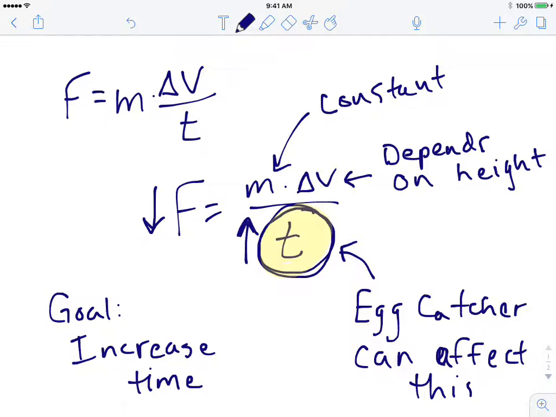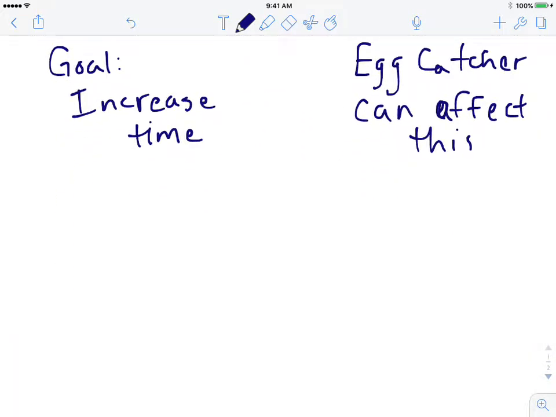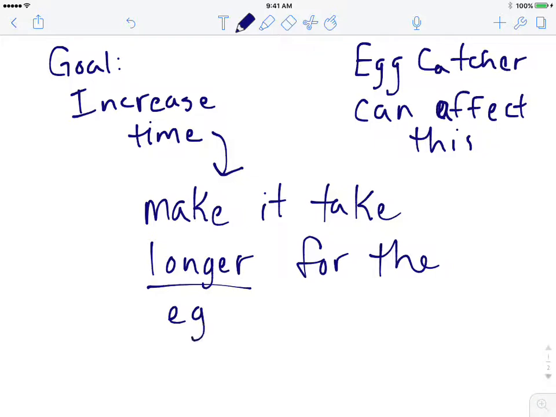So think about if I want to increase the time, another way of saying that is going to be to make it take longer for the egg to slow down.